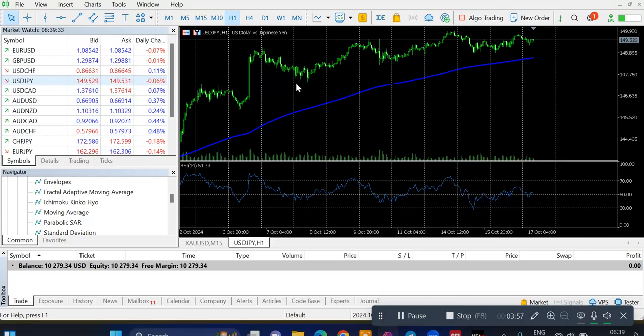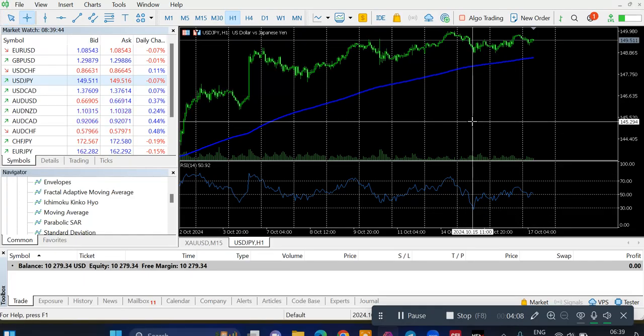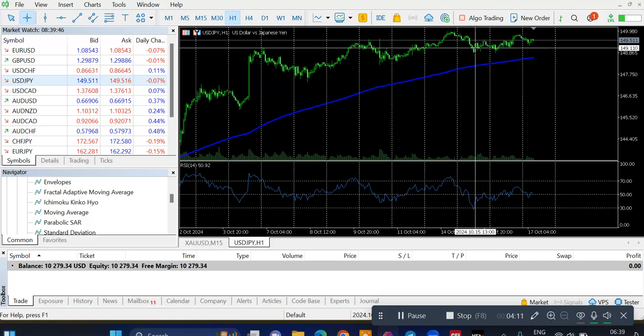So when price is above the moving average and this gets to the oversold region, the entry should be the next major bullish candle should be a buy. And as you can see, this buy went all the way up.